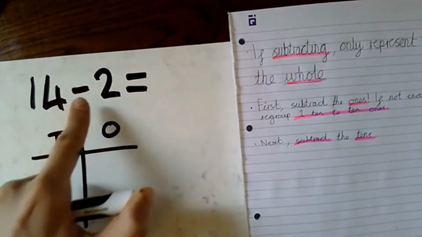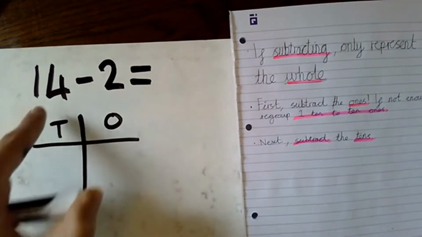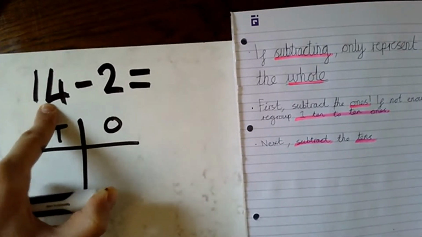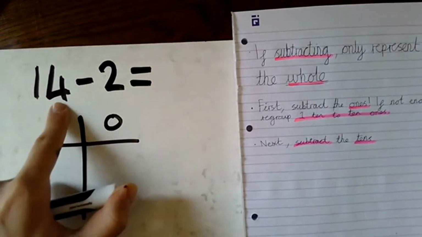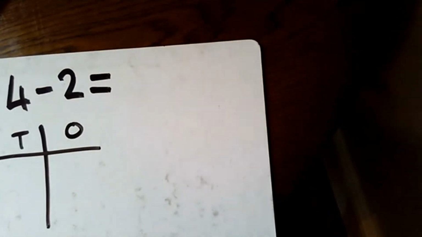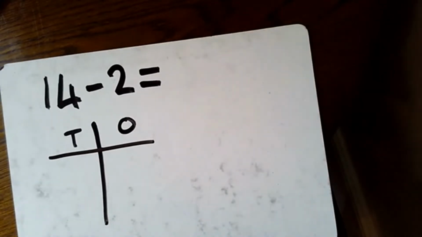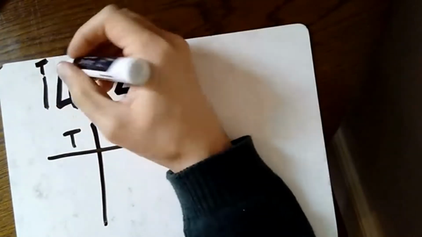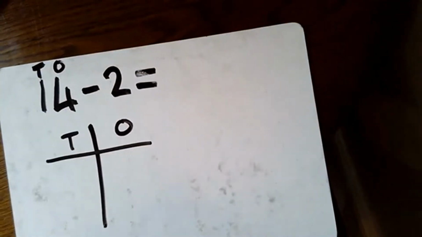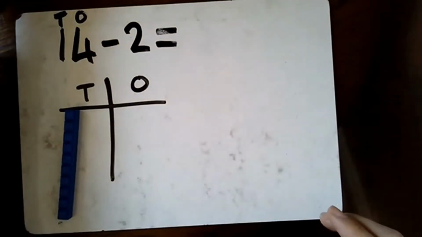This first number, the amount we're starting with, is the whole. When adding, we represented both parts. When subtracting, we only represent the whole. The whole is 14. 14 is 1 ten and 4 ones.